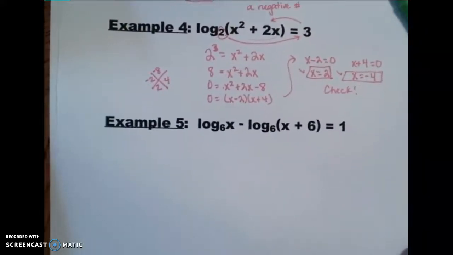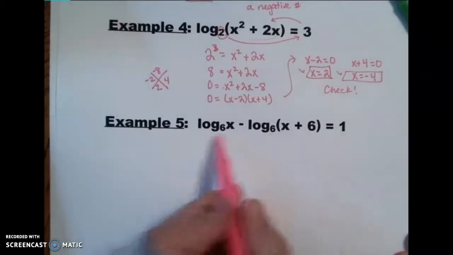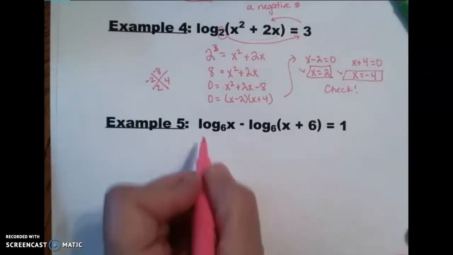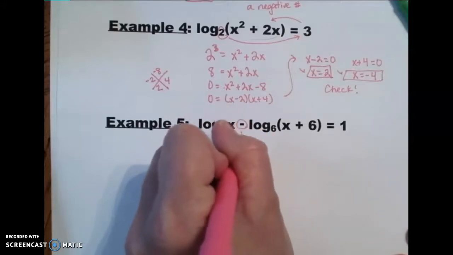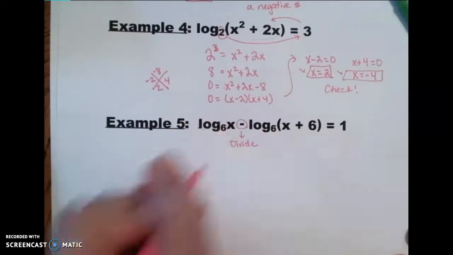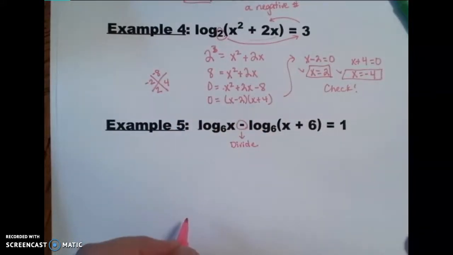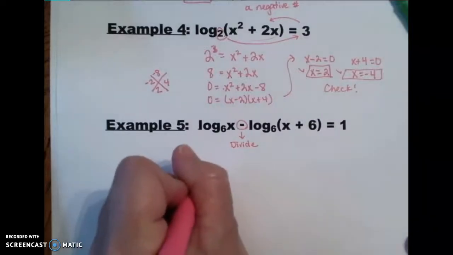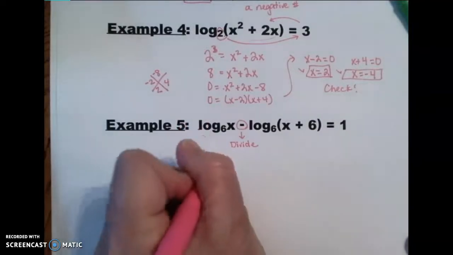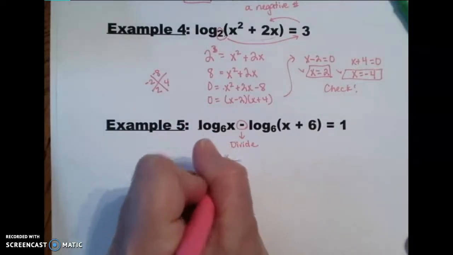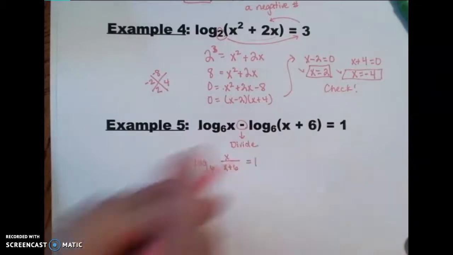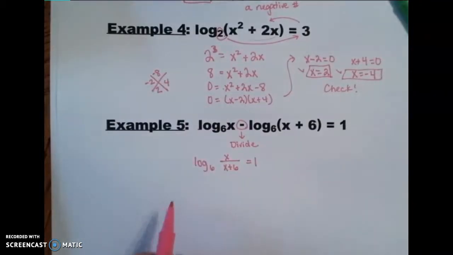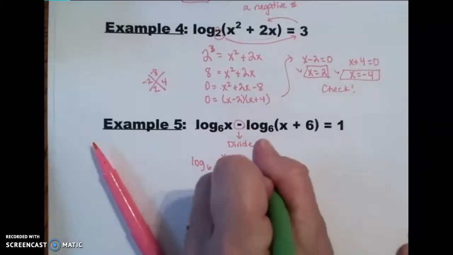Our last example, we do need to condense this into a single log. So when you see that subtraction, again, that should remind you of that division property. So we're going to rewrite this first. Log base 6 of x over x plus 6 equals 1. Then we're going to put it in exponential form.